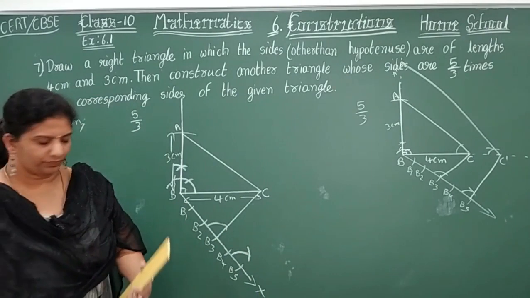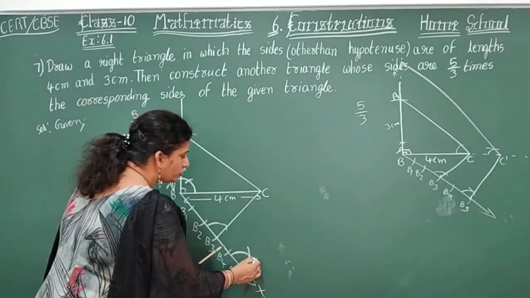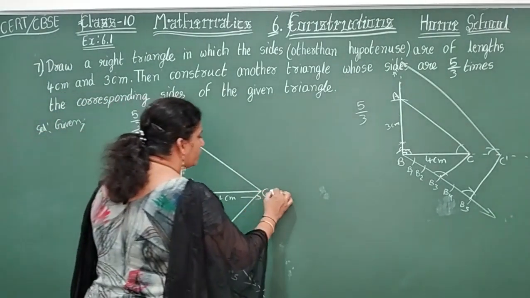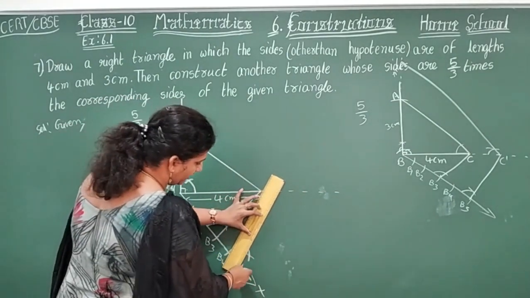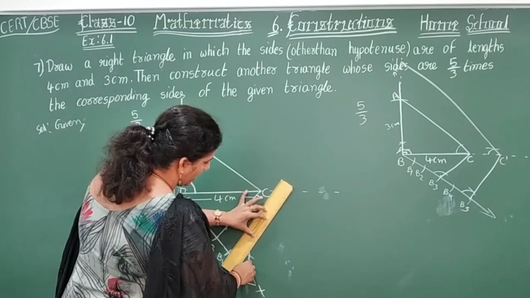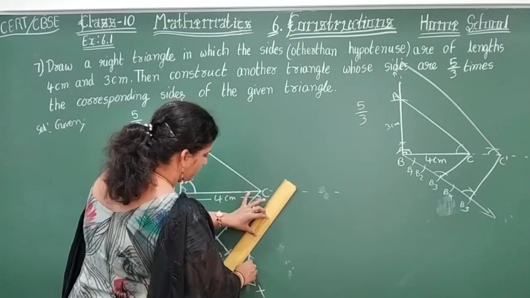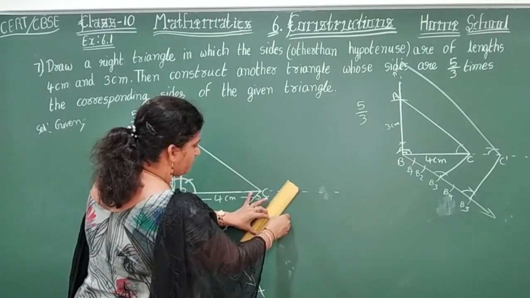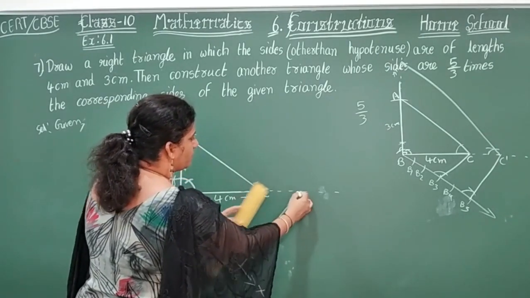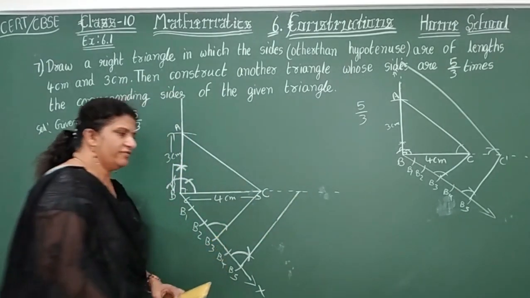Now, in order to join these two, I need to extend that line, right? Do the scale neatly, children, here. So now, okay, this is the way we get.